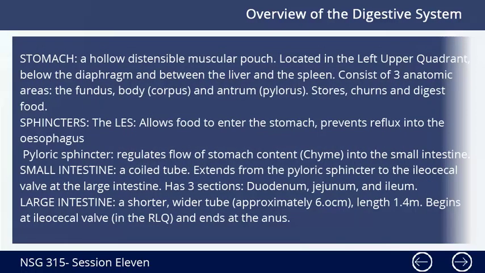The stomach is a hollow, distensible muscular pouch located in the left upper quadrant, below the diaphragm and between the liver and the spleen. It consists of three anatomical areas: the fundus, body, that is the corpus, and antrum, the pylorus.